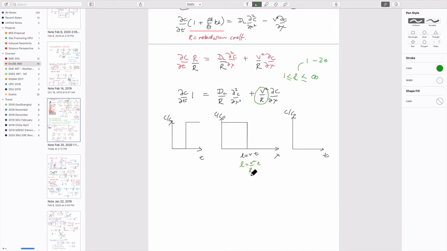Physically that means, since R is always going to be larger than 1, it will have gone less far. So the plume in this particular case might have gone only this far in the same amount of time. The definition of retardation is that it's retarded. It's delayed in going downstream.